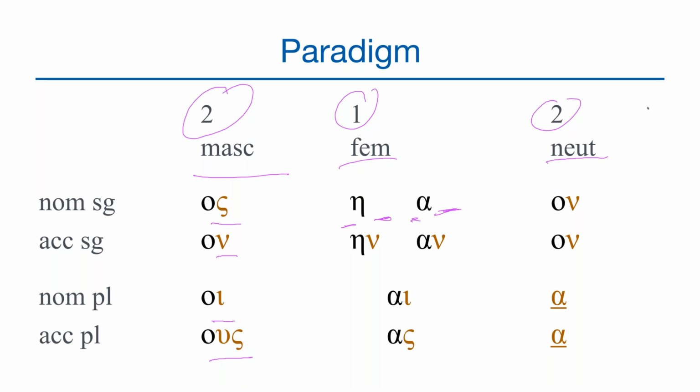And they both have nu in the accusative singular. So look at this. For the accusative singular, the case ending is nu for all of them. Okay, so we've reduced it from memorizing 12 things to memorizing 10 things, something like that.